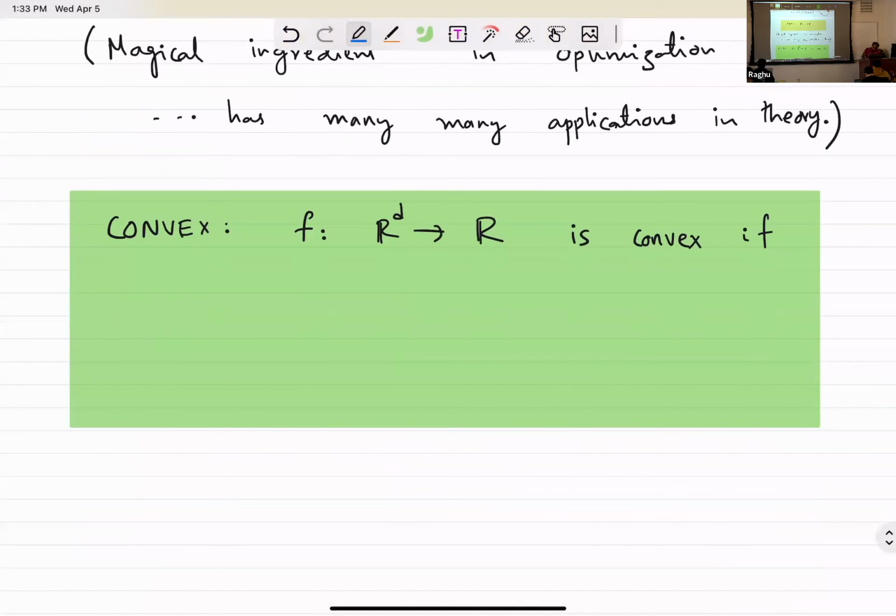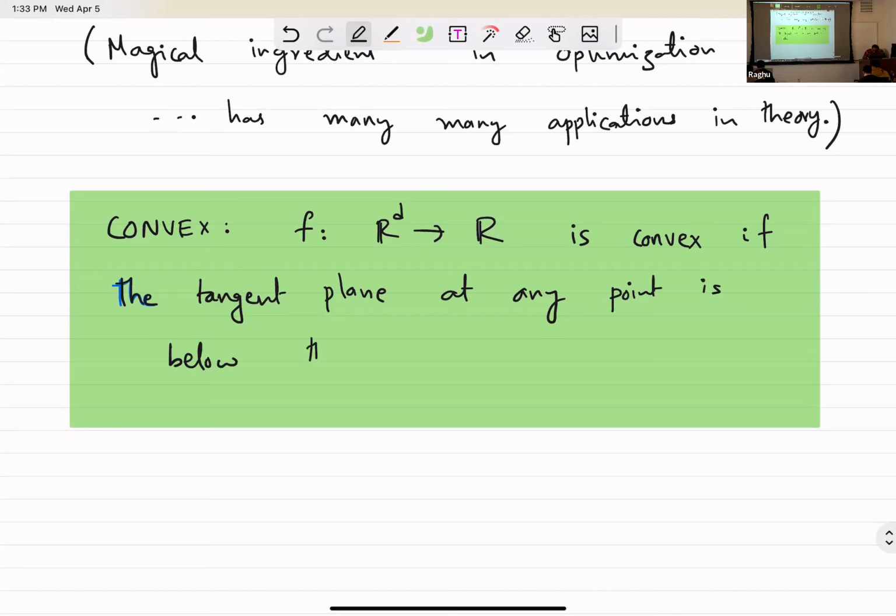So pictorially, a function is convex if the tangent plane at any point is below the curve.